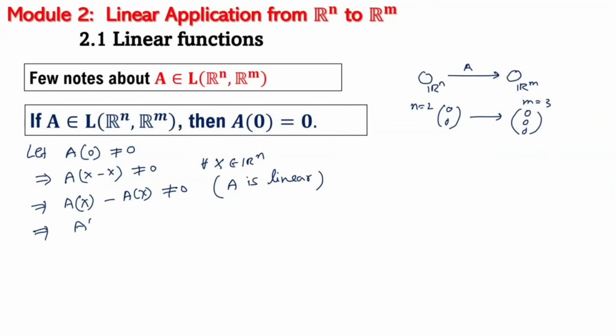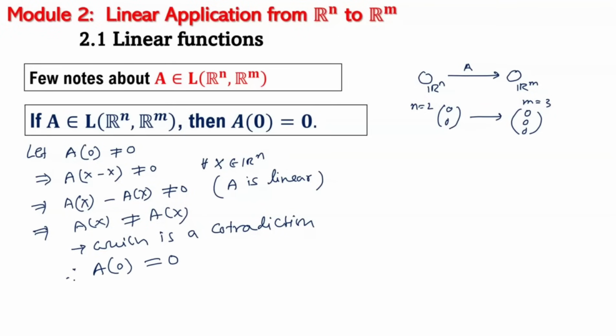This implies Ax is not equal to Ax. This means that the same image by A are not equal, which is not possible, a contradiction. So our assumption was wrong and we get A0 equal to 0. This is the proof of this fact.